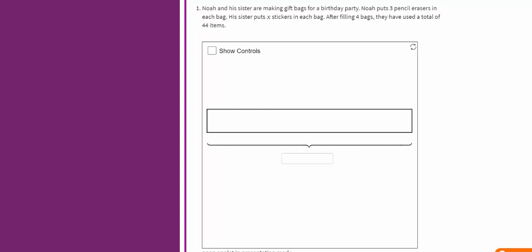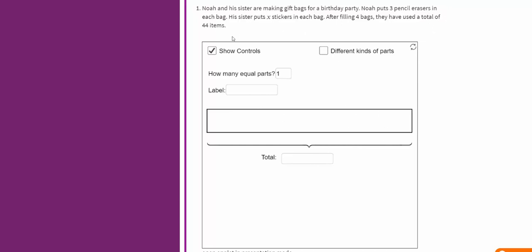And here's our problem. Noah and his sister are making gift bags for the birthday party problem, number 1. So here's the little interactive tape diagram we can make. So the first thing I'm going to do is click on the Show Controls. So this will allow me to put the different numbers and variables and make my tape diagram.